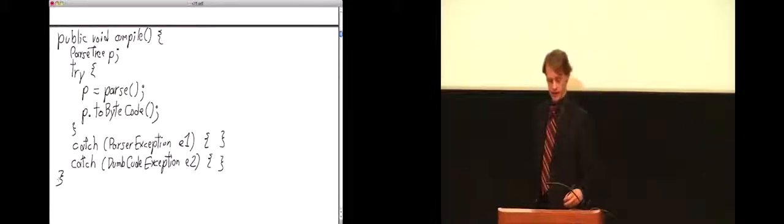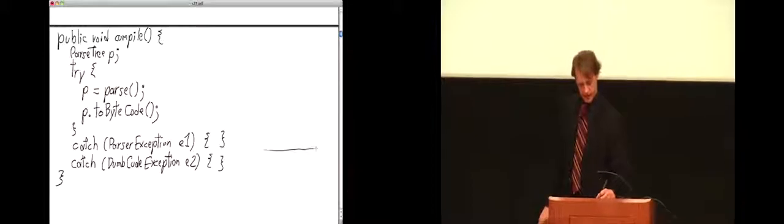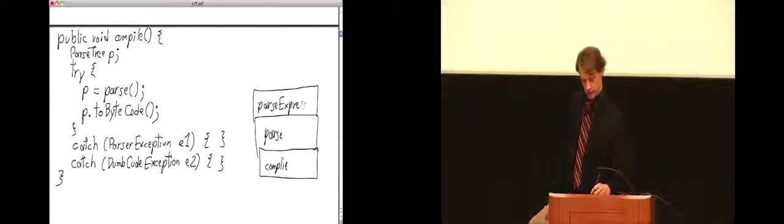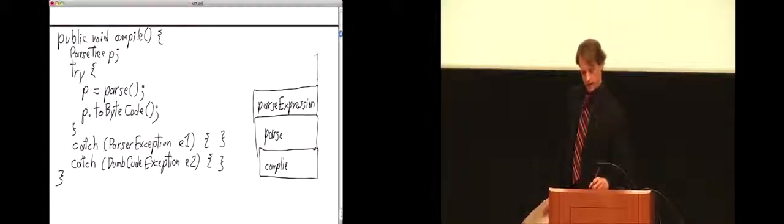So again, the main point here is that we had a sequence of methods on the stack. There was a stack frame for compile. There was a stack frame for parse. There was a stack frame for parse expression. And expression parsers are usually recursive, so parse expression might have even called itself.